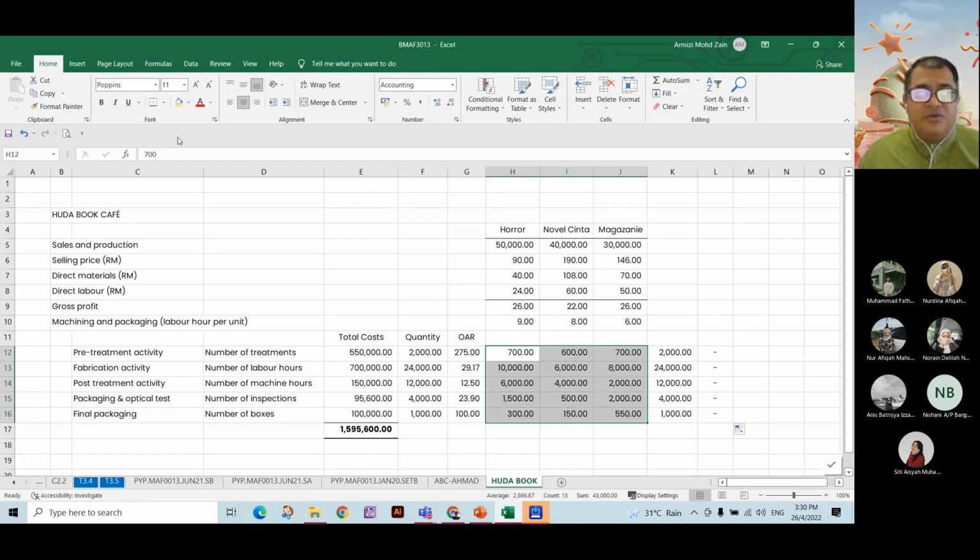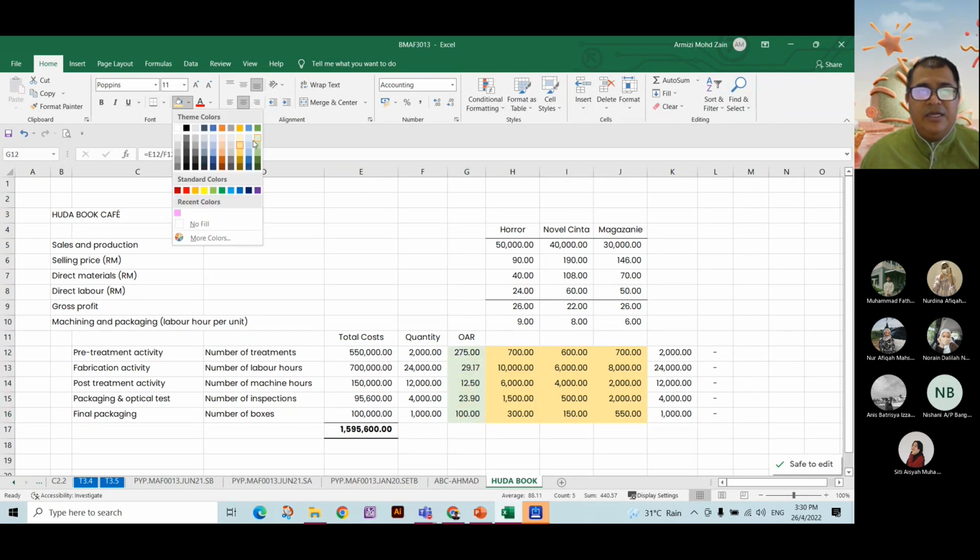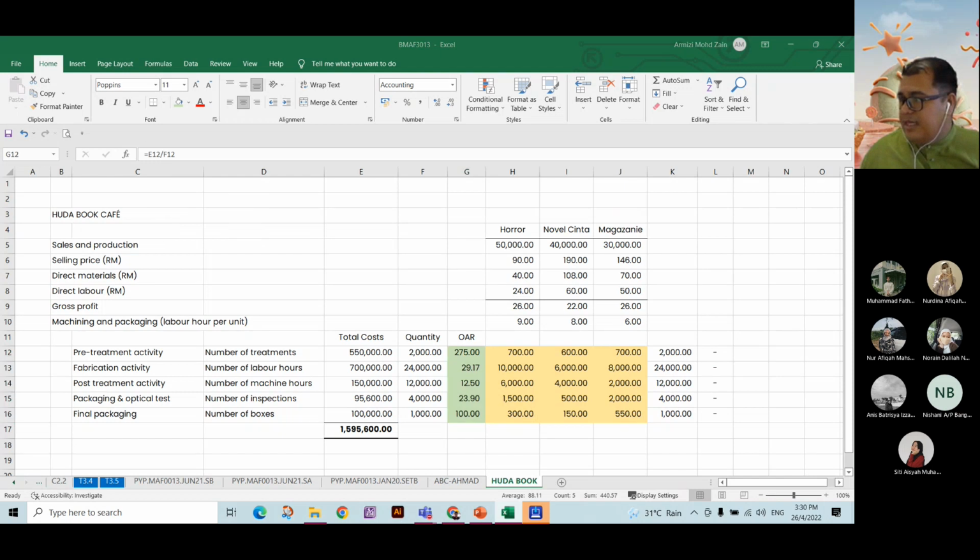So sekarang ni dia bagi contoh yang ni ya. Okay, so macam mana kita nak asingkan dia punya ni. Okay. Ini kita dah ada dah OAR dia. Dengan kali lain. Kita dah ada dah. So macam mana kita nak pecahkan dia ialah.